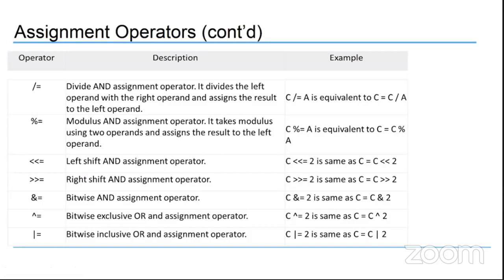What is meant by inclusive and exclusive? Inclusives are nothing but, see, if you have certain domains of data, and a value is beyond that data, it's referred to as exclusive. See, if I have a set of numbers from 1 to 10, and my value is greater than 10 or negative, it's beyond that range, so it comes under the bitwise exclusive operators.